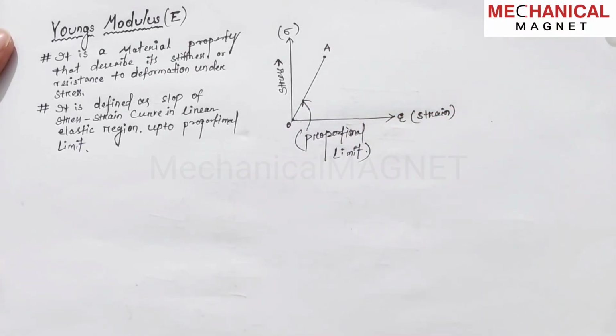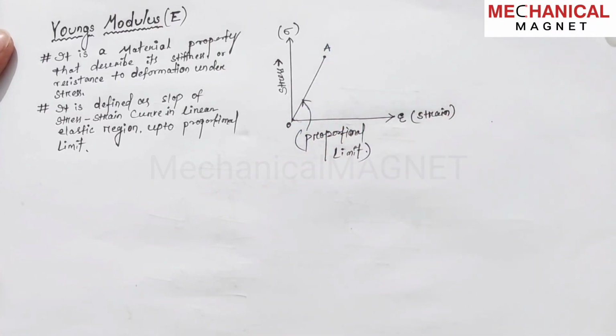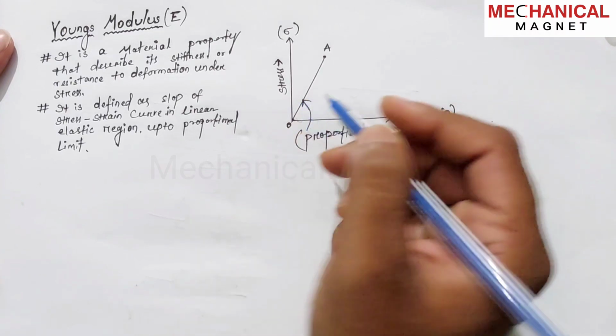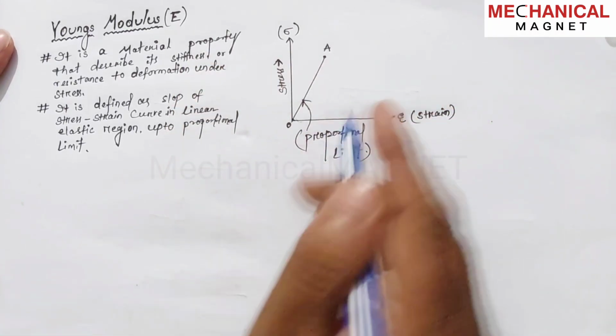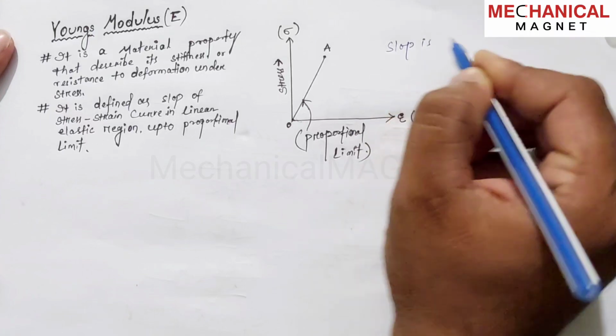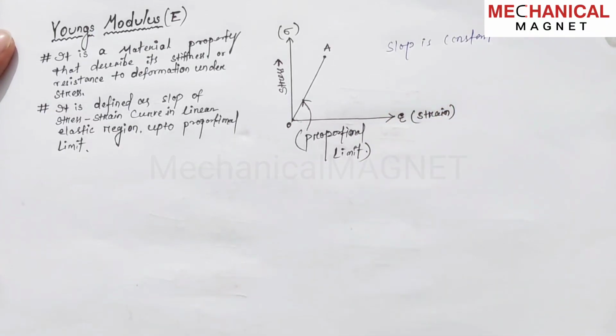How to describe this? If this is a linear region, what happens in this proportional limit? You can see here the slope is constant. Okay, so what is the slope?